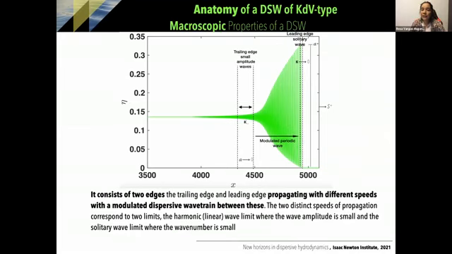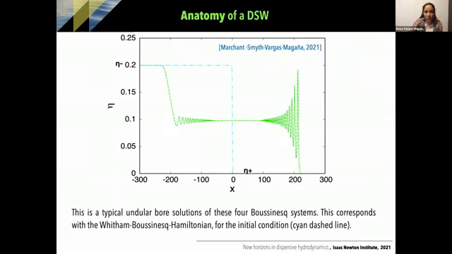The two distinct speeds of propagation correspond to two limits of the modulated periodic wave. You can appreciate that to the right, when the wave number goes to 0, and to the left edge, in this case, when the amplitude of the modulated periodic wave goes to 0.